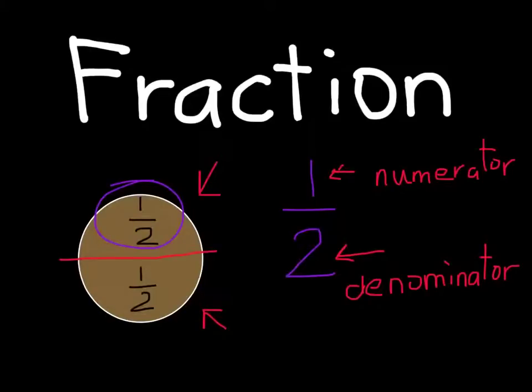The numerator talks about how many pieces of that whole object you are identifying. The denominator talks about how many pieces there are all together. So in this instance, we talked about eating 1/2 of the cookie, and altogether there were 2 pieces. So 1 out of 2 is how you would write 1/2.